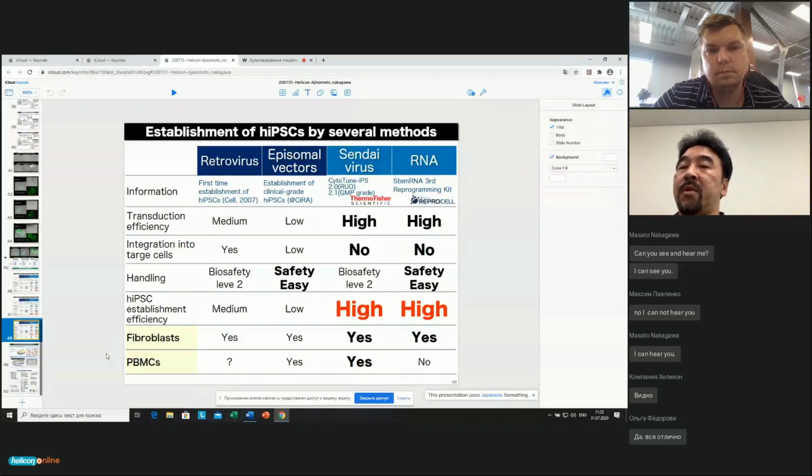So this is a problem for our iPS generation. But now we are trying to generate the iPS cells from PBMC using RNA technology. So next please.